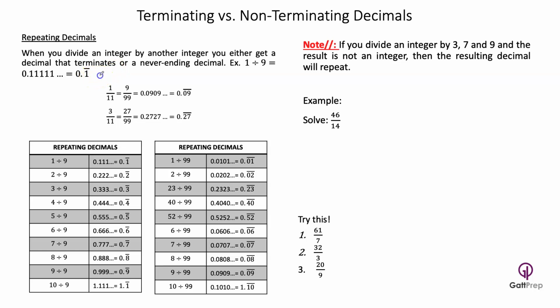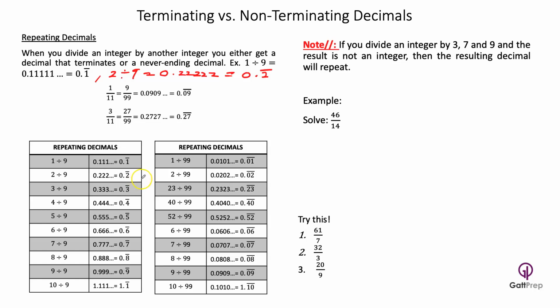We can have another example. 2 divided by 9 will also repeat. It will be 0.22222, which can be written as 0.2 bar, which means the digit 2 repeats infinitely. It is worth noting the example patterns in the two tables below.